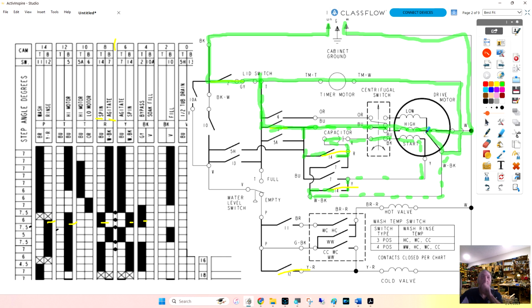Actually, yes and no. It'll partially drain, because when it gets to the drain cycle, we're going to send power to our motor and our timer through here. As long as the machine has enough water to cycle the pressure switch up here, the motor's going to drain. Once it drains halfway, this will drop down, and if this lid switch is open, the motor and timer are just going to stop and sit there.